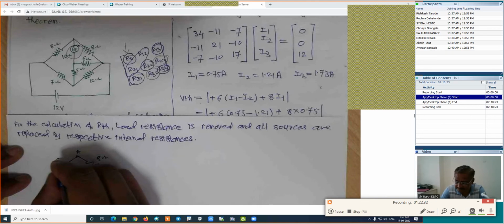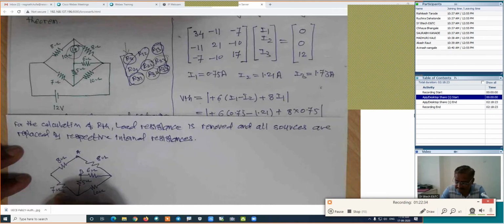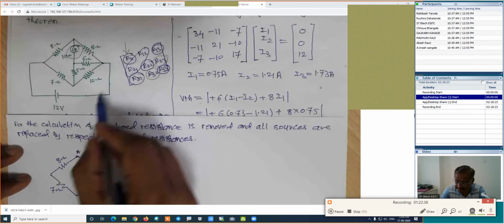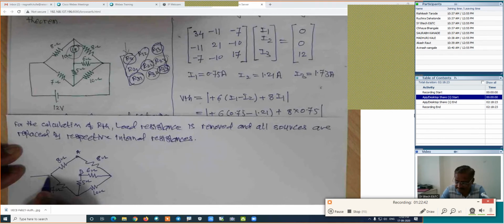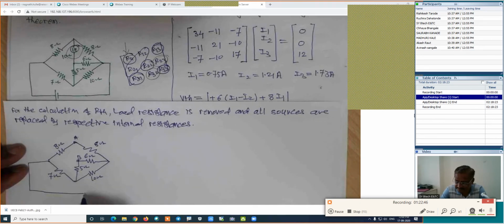It is the 8 ohm and this is the 7 ohm. Is it right? And this is the battery which is replaced by its internal resistance. It will be something like this. This is right.